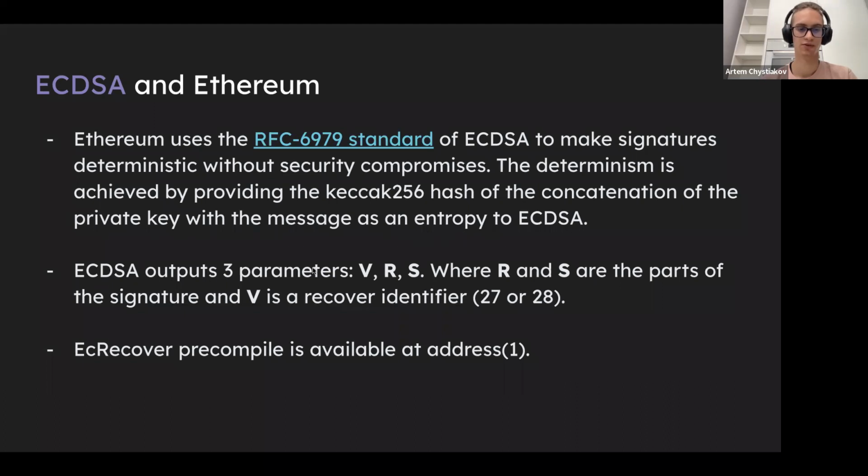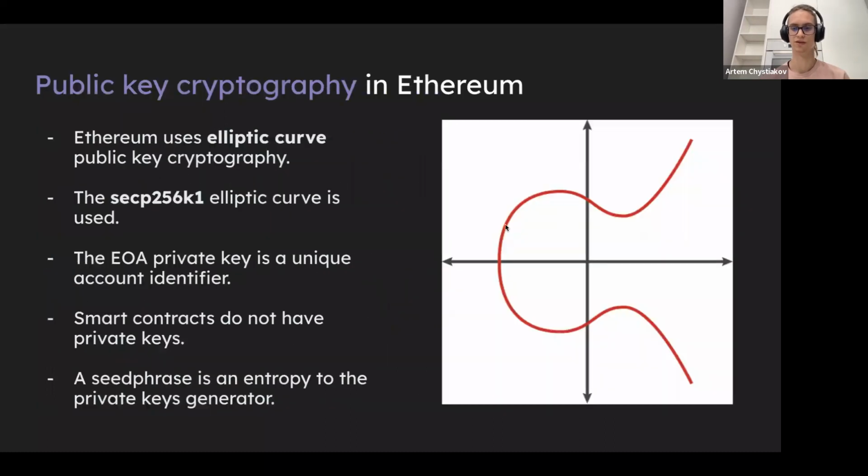ECDSA outputs three parameters, V, R, S, where R and S are the parts of the signature, and V is a special recovery identifier. If you remember the elliptic curve plot, it is symmetric against the x-axis.